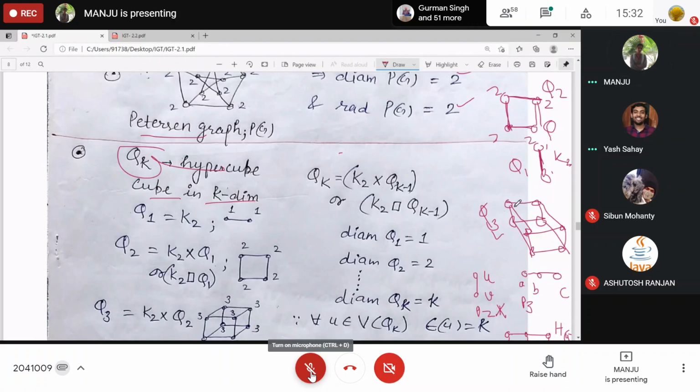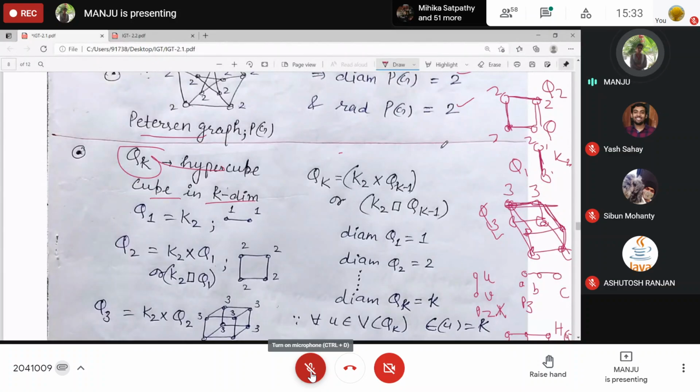In Q3, this to this vertex is 1, adjacent vertex. This to this or this to this vertex, all these are 2, but the vertex diagonally opposite has distance 3, right? So for this vertex it is 3, and the others are the same: 3, 3, 3, 3. Now tell me the diameter and radius.